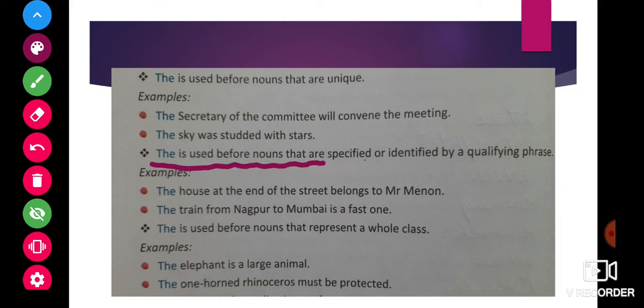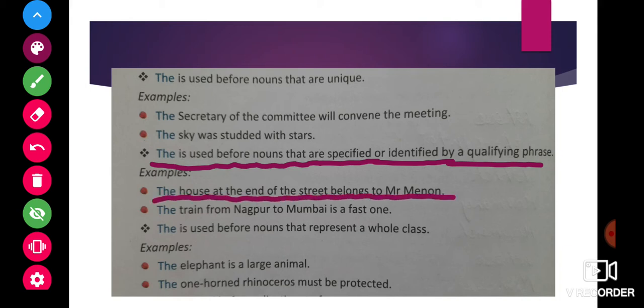The is used before nouns that are specified or identified by a qualifying phrase. For example, the house at the end of the street belongs to Mr. Menon. Now, in this sentence, there is a qualifying phrase, at the end of the street, that means the house which is at the end of the street.